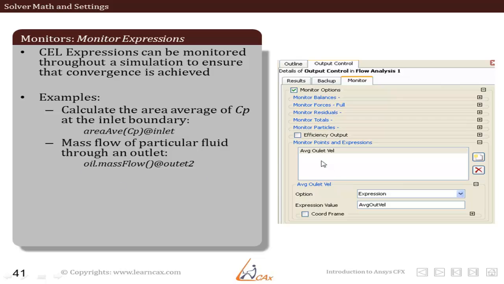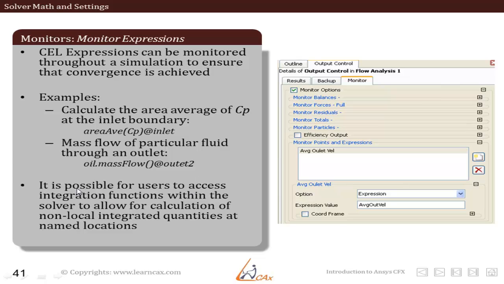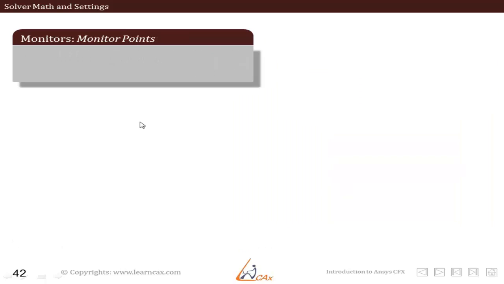This sort of expression can be written within the monitor points and expressions, and we can monitor these as the solution progresses. It is possible for users to access integration functions within the solver to allow calculation of some non-local integrated quantities at the named locations. So we can use different quantities from the solver side as well as the post side, and write our own expressions whose values can be seen while the calculations are in progress.